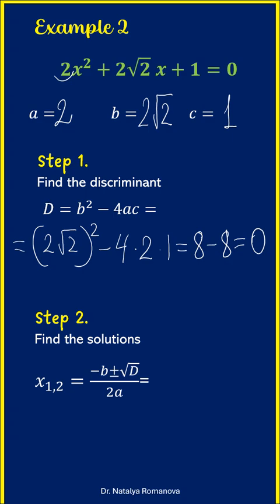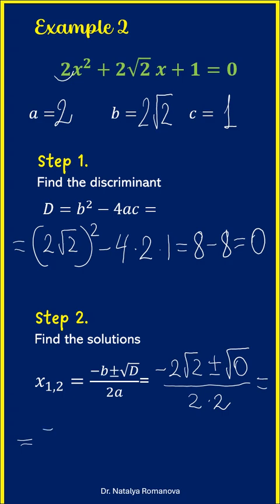Negative b, so it would be negative 2 square root of 2 plus or minus square root of 0 divided by 2 times a. A equals 2, so 2 times 2, equals negative 2 square root of 2 divided by 2 times 2.